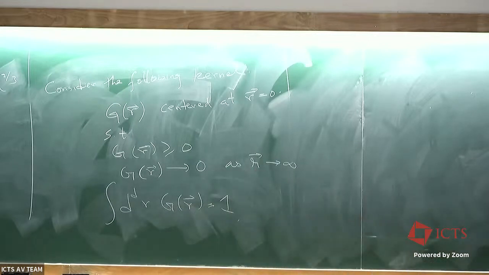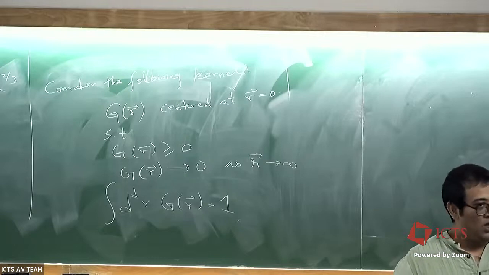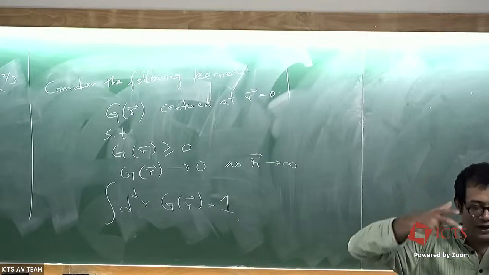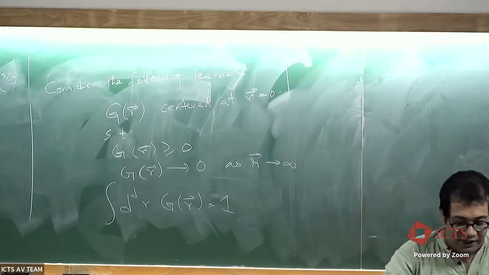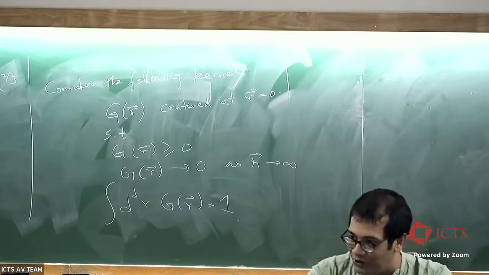It's a function of the vector R, which is centered at R equal to 0. You'll see why that becomes useful. So the function could be, let's say, a Gaussian or my hat. I mean, I don't have one, but let's say if I was wearing a hat. So that's the function. This is R equal to 0. I place the hat here.